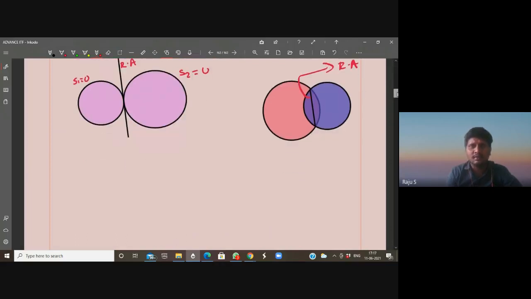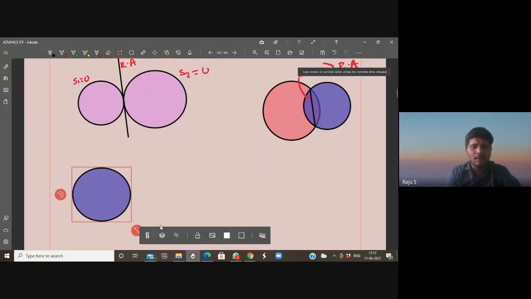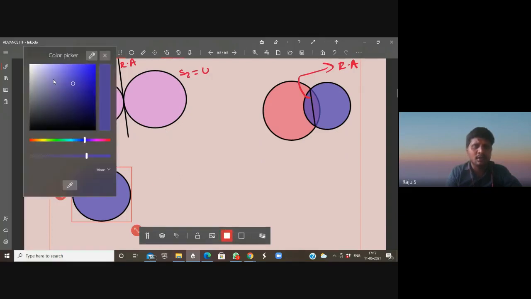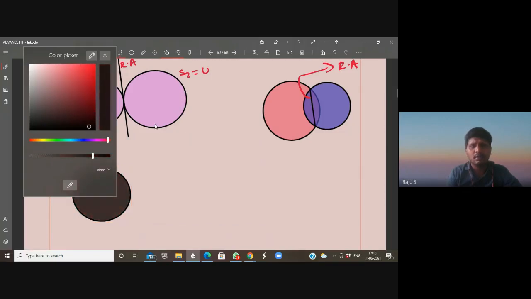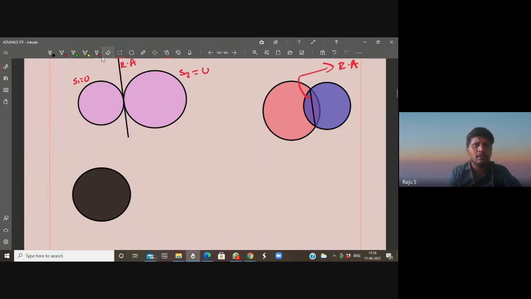Okay, next case, when two circles are touching internally. If I take one circle here, then another circle inside it, touching internally.